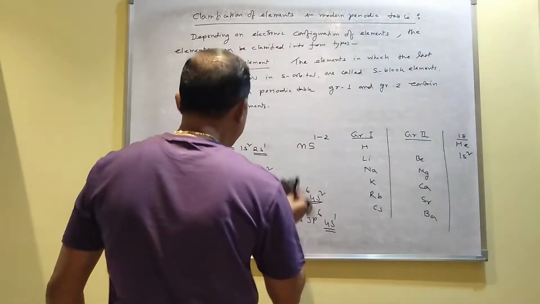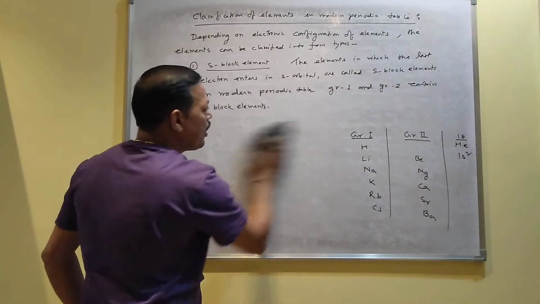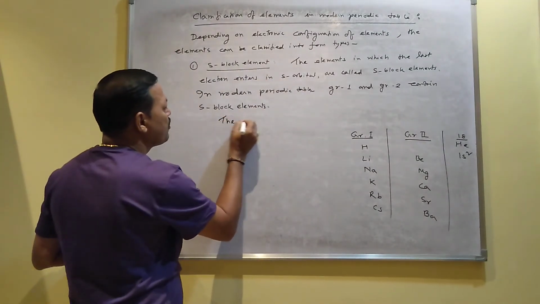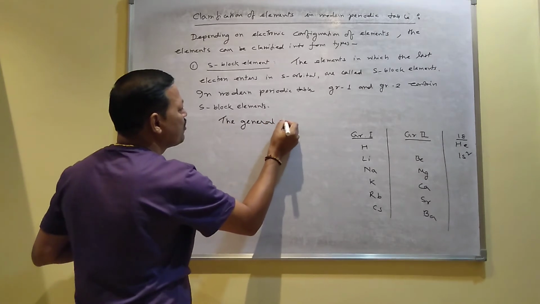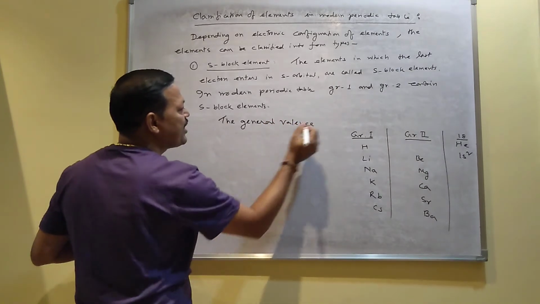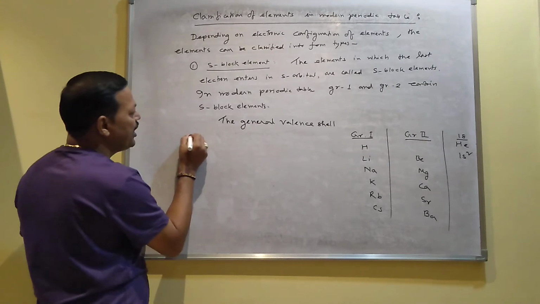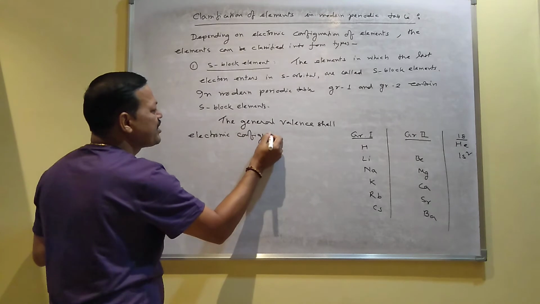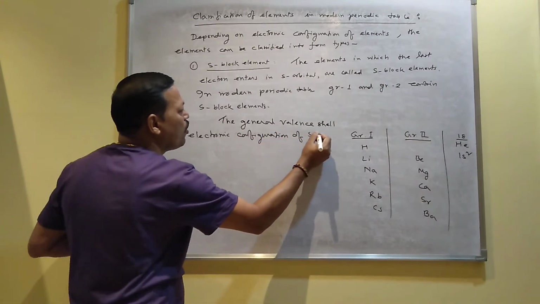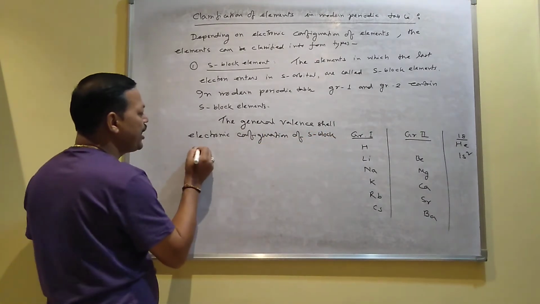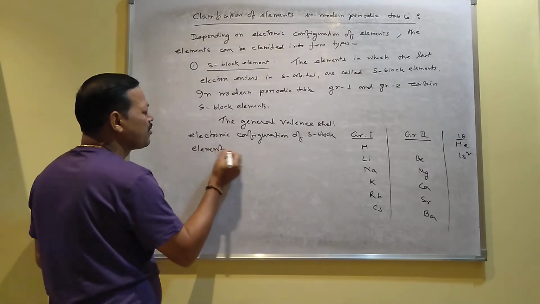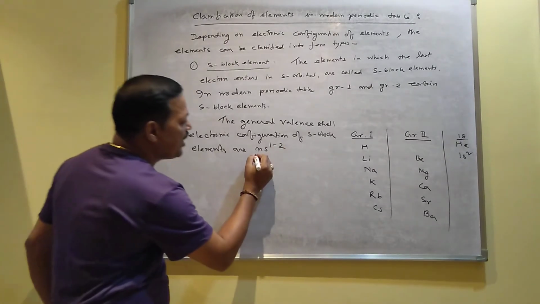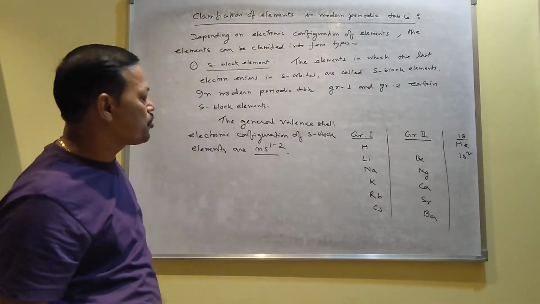This is very important: the general valence shell electronic configuration of S block elements is ns1 to 2. This is very important for other blocks also.